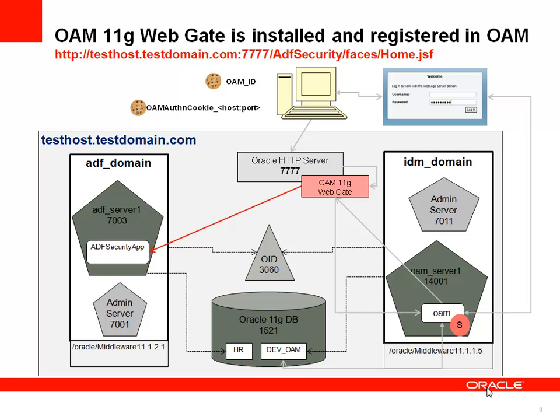Well, basically, when the request is forwarded to the ADF security app from the WebGate, we have several cookies transferred, like OAM ID and OAM authn cookie host port, plus a specific HTTP header named OAM remote user is passed when the user has been authenticated via the OAM 11G WebGate. So we should do a couple of things.